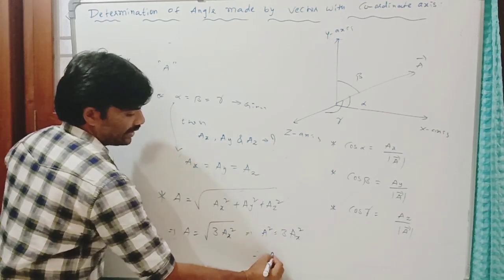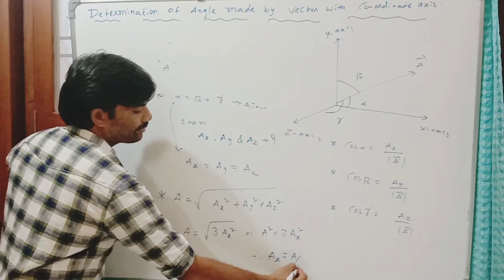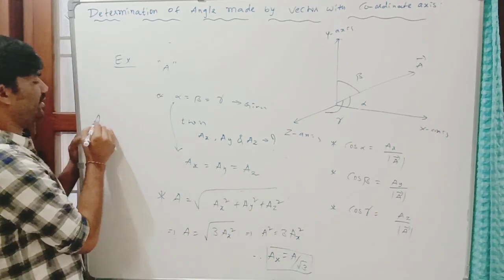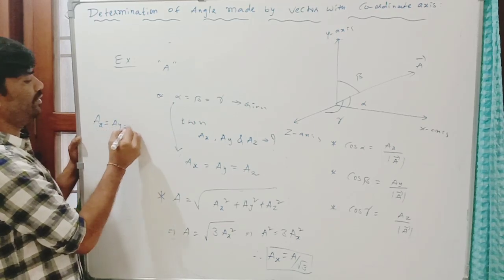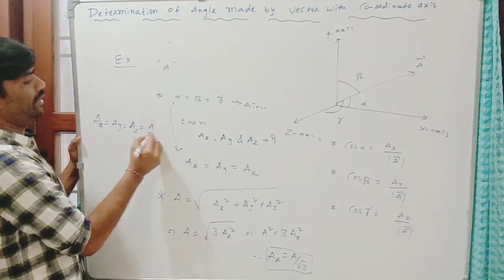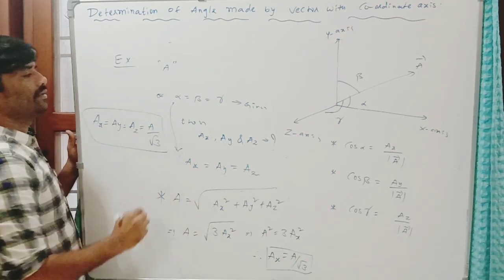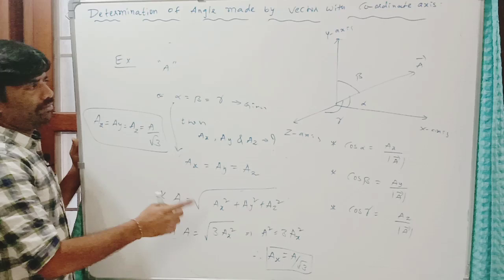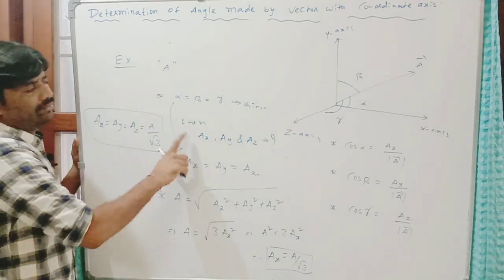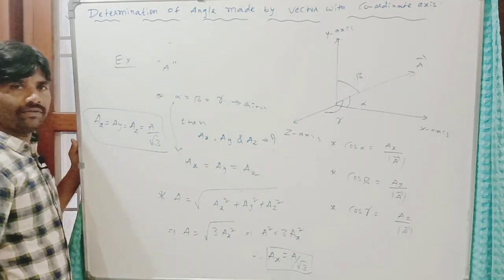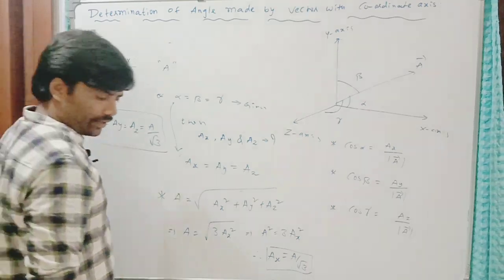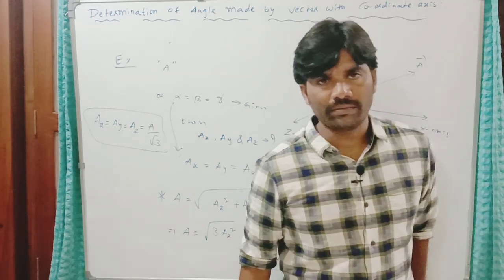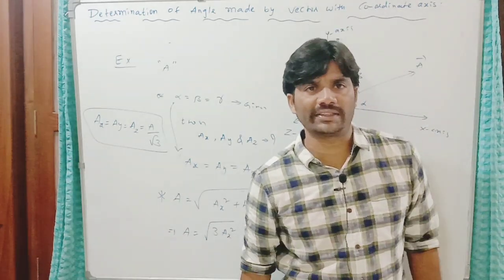So therefore ax equal to a by root 3. Not only x component, three components are same: ax equal to ay equal to az equal to a by root 3. So if all these components are equal to a by root 3, the magnitude is a and they make same angle with all three axes. Remember one thing, if components are equal, that vector will make same angle with both the axes.